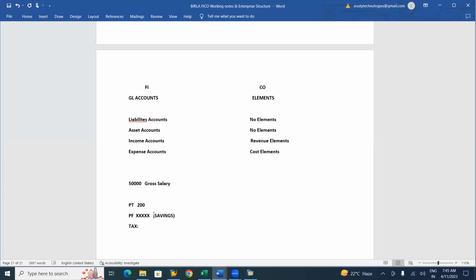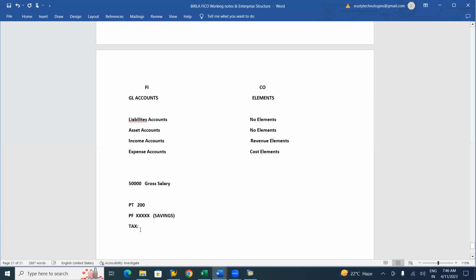So the government is insisting, made it mandatory, that whatever basic you are getting, some percentage will be deducted and kept aside from your earnings as your savings. It's mandatory for every employee. As per the Employee Act, every employee has to maintain some sort of PF, right? It's not voluntary, it's mandatory.